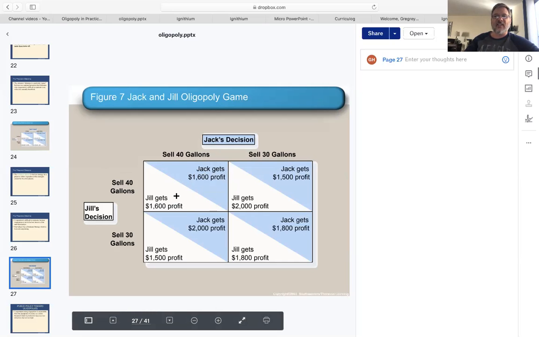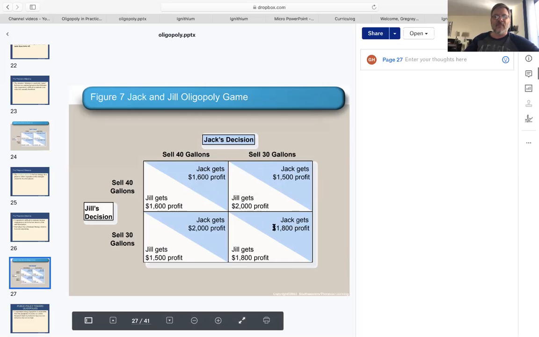From the industry perspective, they end up with the smallest possible profit. So notice again, 1,600 plus 1,600 is 3,200. All the other outcomes, 2,000 plus 1,500 is 3,500. And if they were able to cooperate with one another and restrict output, they could get 1,800 plus 1,800, 3,600.